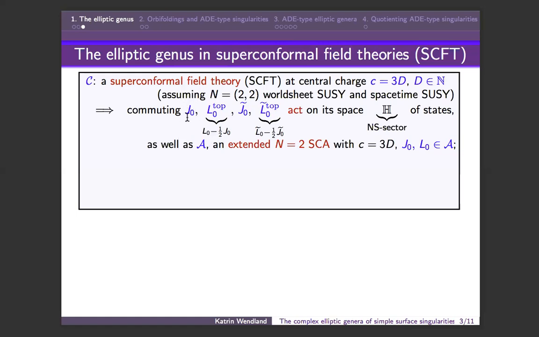So these are the zero modes of the U(1) currents, and L0 is the Virasoro zero mode, and I'm twisting it. I'm performing a topological twist. So I'm actually working with this operator L0 on top in the following. That's necessary in order to get to the elliptic genus later on.